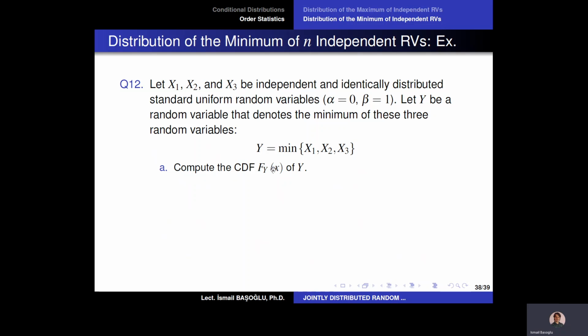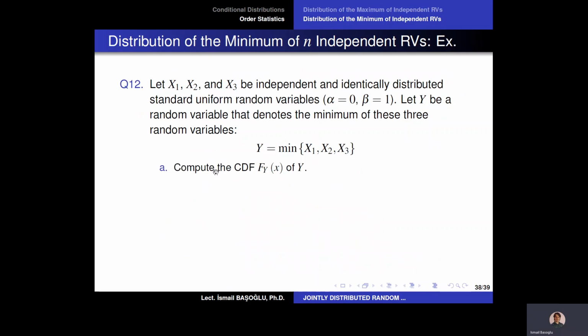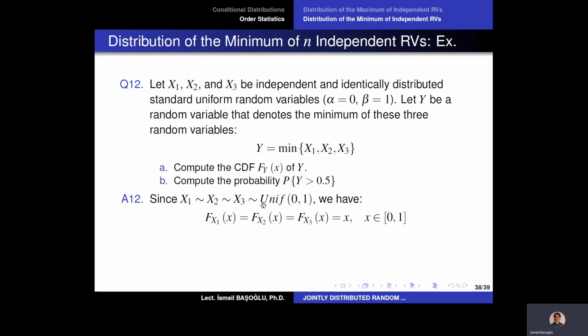Now, y is defined as the minimum of these random variables. Part A asks us to compute the cumulative distribution function of y. The final formulation for the minimum of these random variables is given here. We can directly use that to compute the cumulative distribution of y, and then we are going to compute the probability of y being greater than 0.5. Now, the cumulative distribution is what?